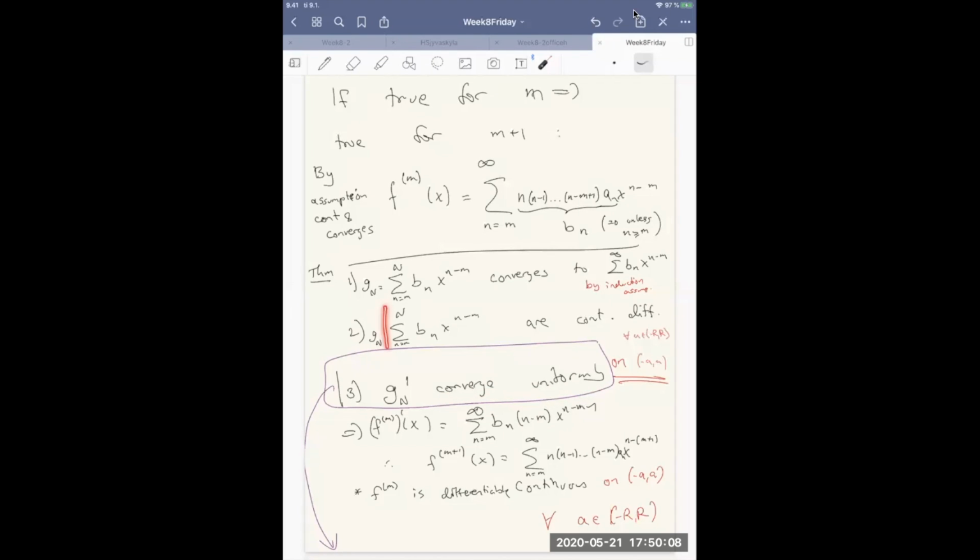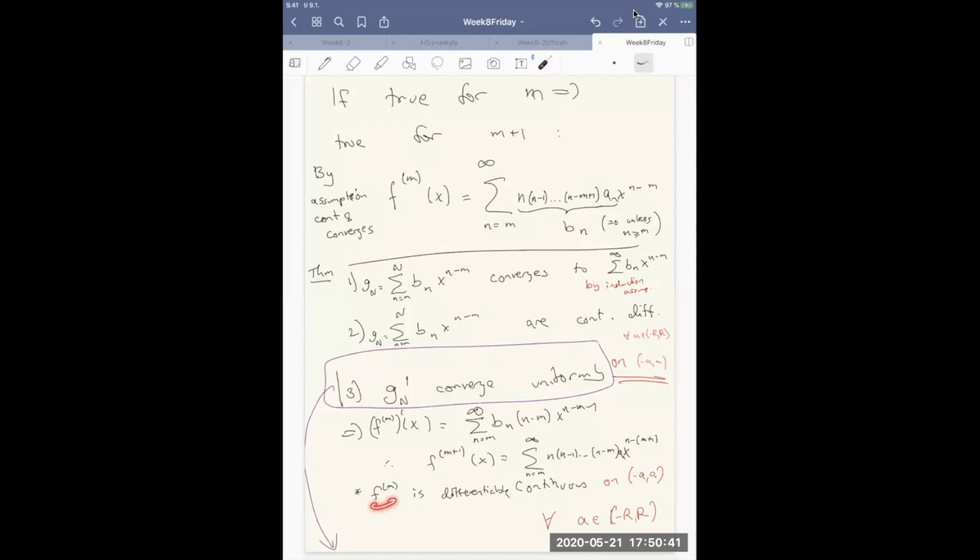Now, the partial sums of this expression are polynomials. Therefore, they're automatically continuously differentiable. So what we really only have to show is that the derivative converges uniformly, because once we have these three facts, what we can conclude is the derivative of the infinite sum is equal to the sum of the derivatives of the individual parts. So we drop another factor of n minus m here, and then decrease the power of x by 1. And this is exactly the formula that we want for this.